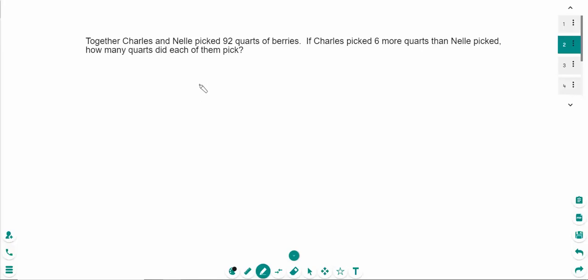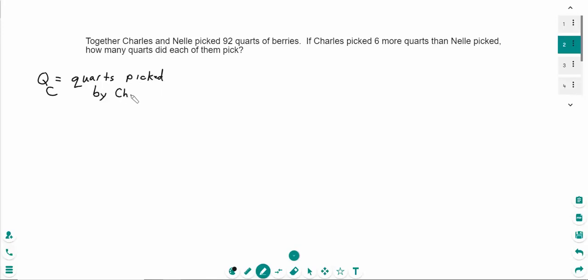So I think we need to start by defining our variables. That really should be the place you begin. We'll define them as, let's call it quarts, Q sub C. This would be the quarts picked by Charles.